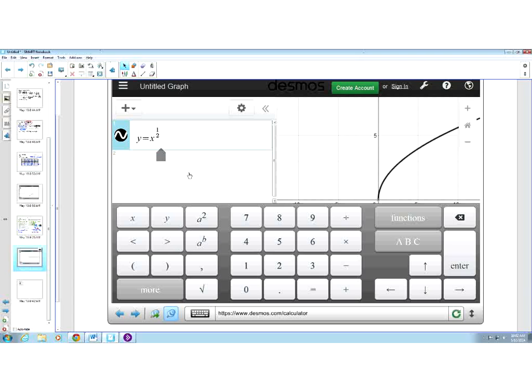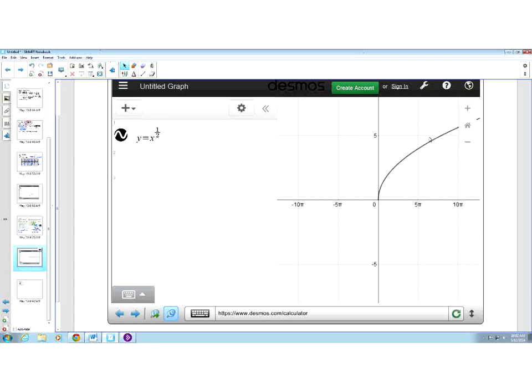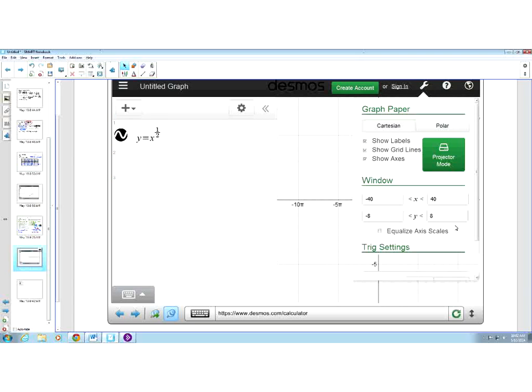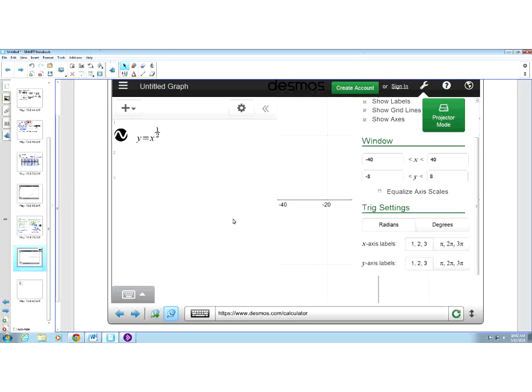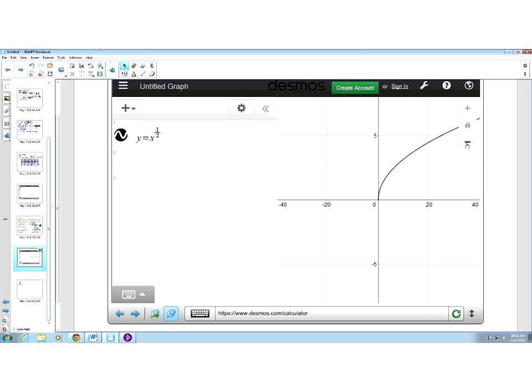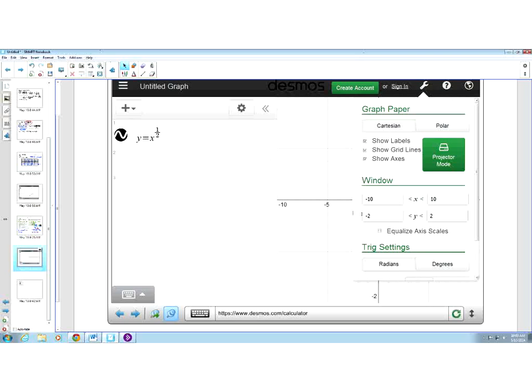All right. And let me change my window settings now. So let me zoom out. And let me change the y bounding. So let's say y ranges from -10.